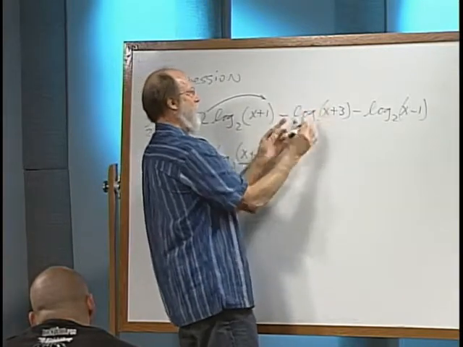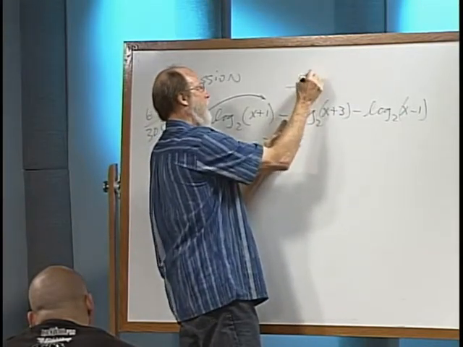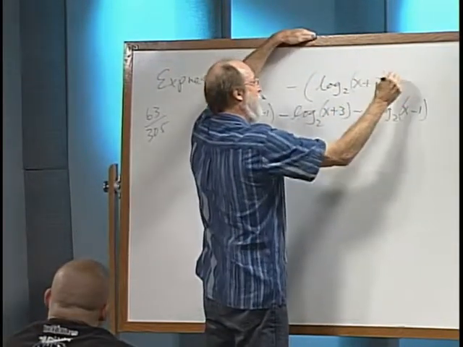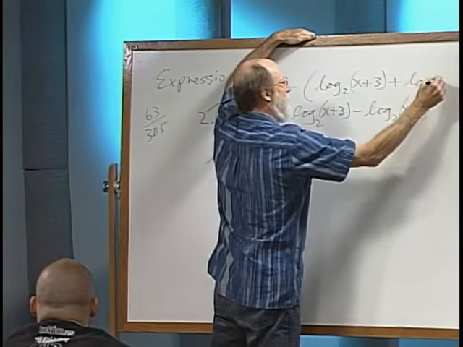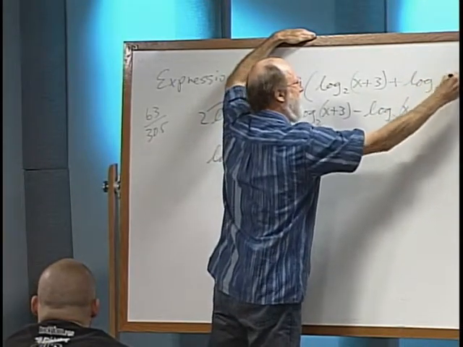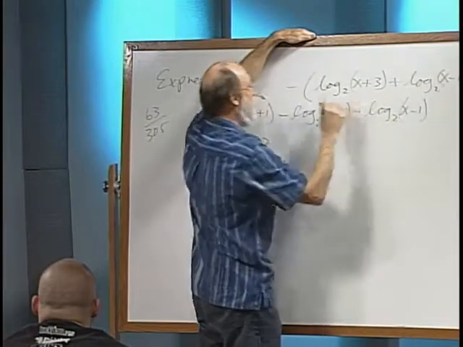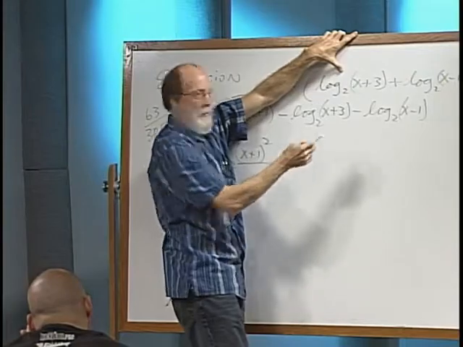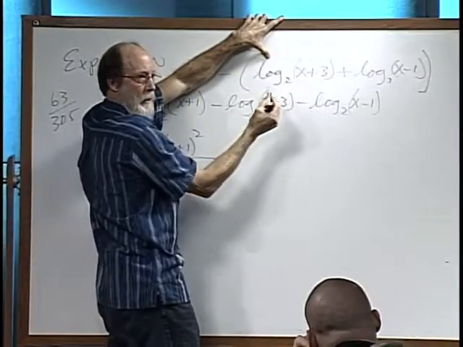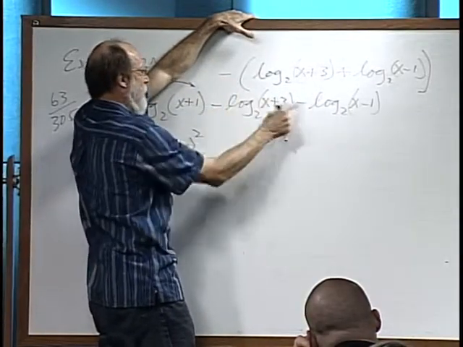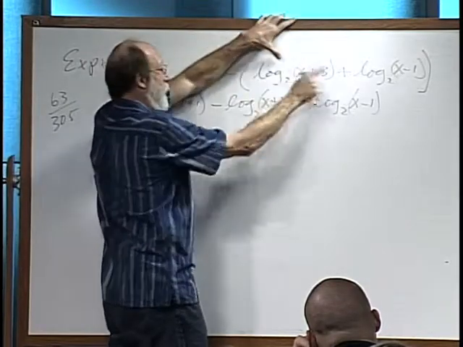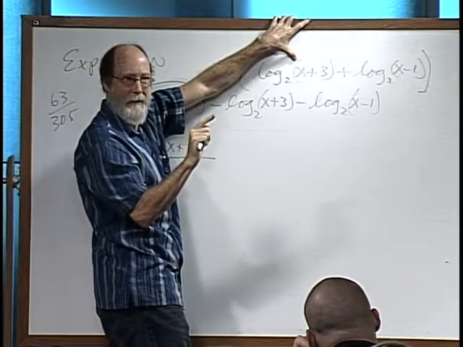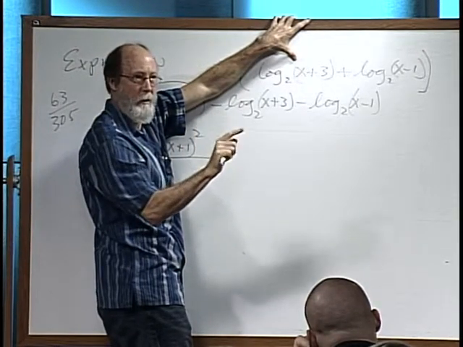If I factored this negative out in front, this would leave the log base 2 of x plus 3 plus the log base 2 of x minus 1. Now, these two logarithms are added together if I pull this negative, this subtraction, out in front. Now we know what property? The product rule.